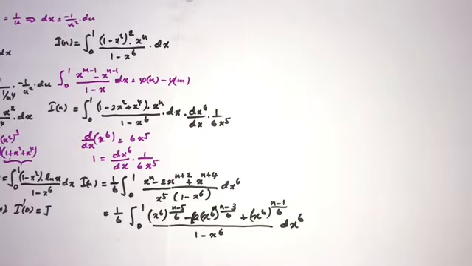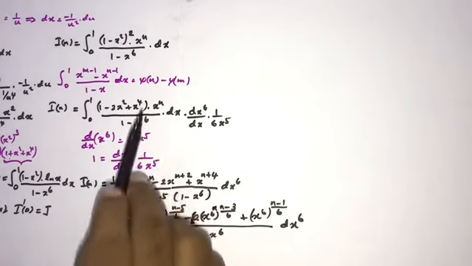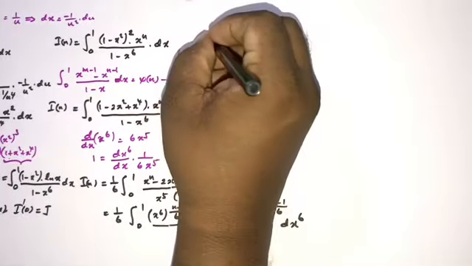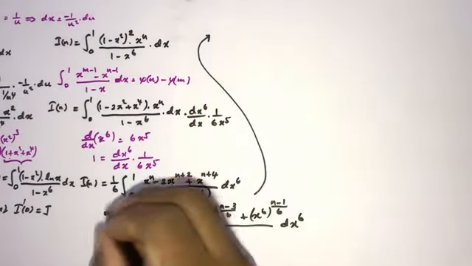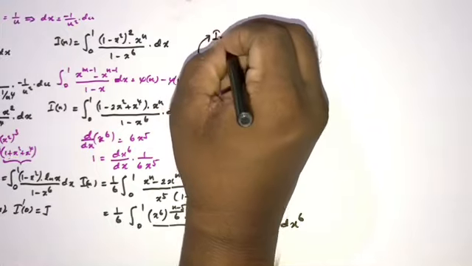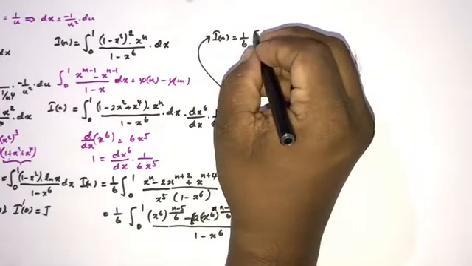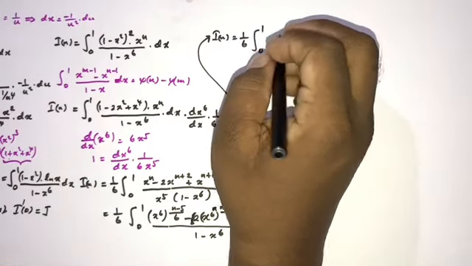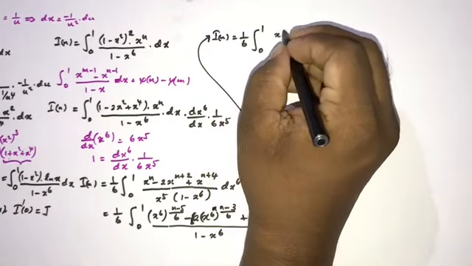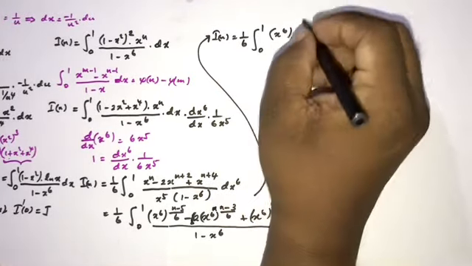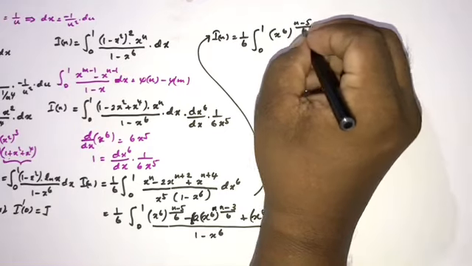Okay, then now we can break this integral into two different integrals, because we need to apply this integral formula. So we can write this as I n is equal to 1 over 6 integral from 0 to 1 of x to the 6 power raised to the n minus 5 over 6.